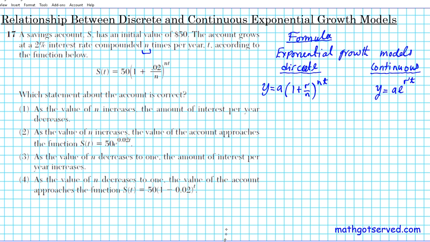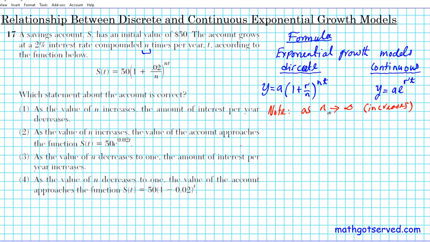What you want to note is the connection between these two formulas. As the compounding period n gets infinitely large, what is the biggest number in the world? The biggest number is infinity, right? So as n increases, it's talking about every second, every fraction of a second, every fraction of a fraction of a second.